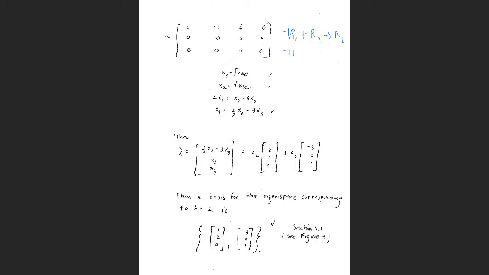And then I'm going to take negative 1 times row 1 plus row 3, put the result in row 3. And therefore, you get this augmented matrix. X3 is free, X2 is free, and it turns out X1 is 1/2 X2 minus 3X3.